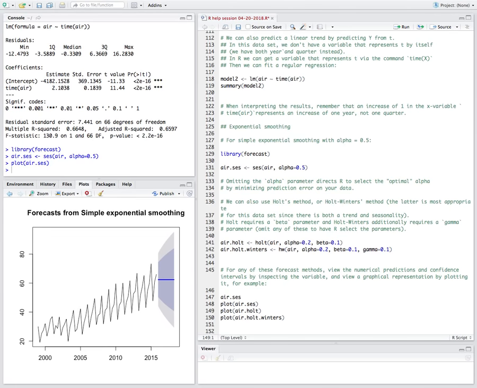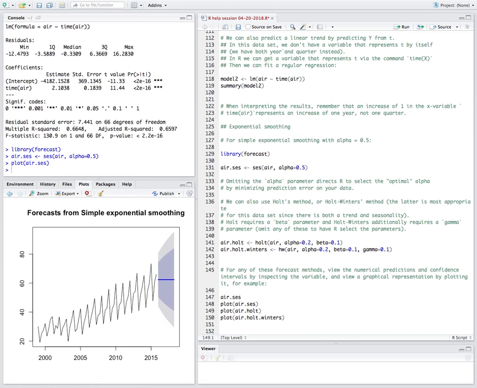Also, if you see the confidence interval cone over here, this corresponds to the 85%, if I'm right, and this corresponds to the 95% confidence intervals. You can see that the intervals are quite wide, which is not really good when you're running forecasts for a company, because the wider your confidence intervals, the more unpredictability in knowing what your actual forecast could be.